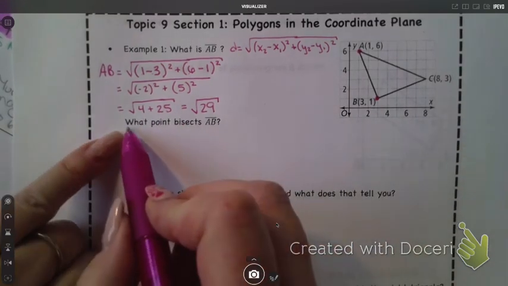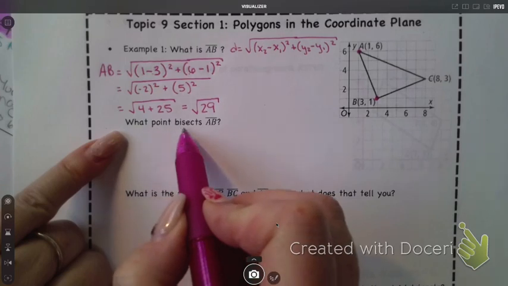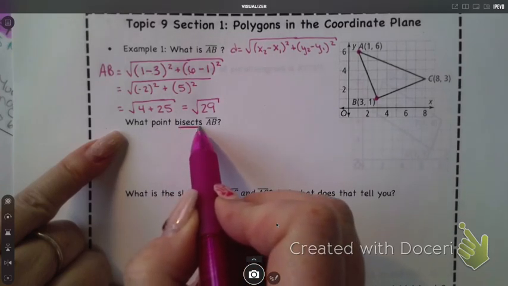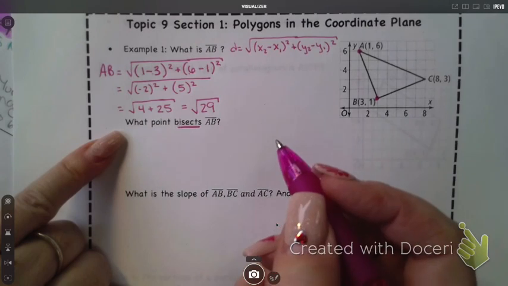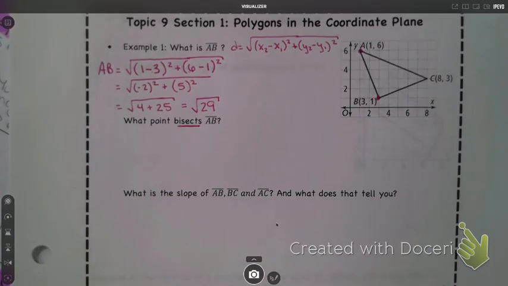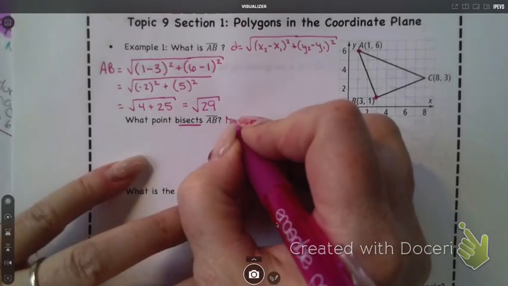Okay. What point bisects? What does bisect mean? Like a cross. Bisect means it cuts it into what? Half. Do we have something that talks about half? The midpoint formula. So this is going to be midpoint.